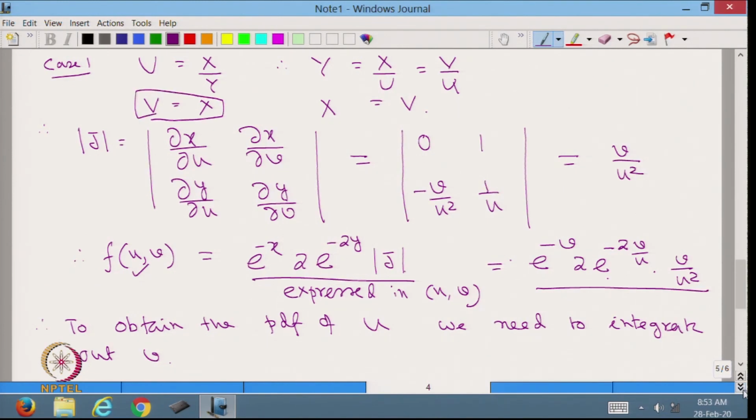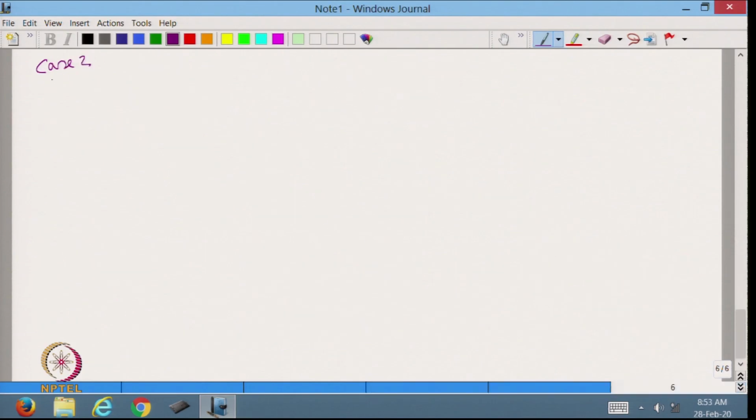Now, I go to the second case. Therefore, as before, u is equal to x by y, but let us take v is equal to y. In that case, what is going to happen? We can see that x is equal to u v and y is equal to v.